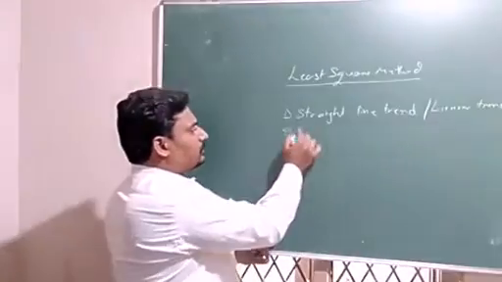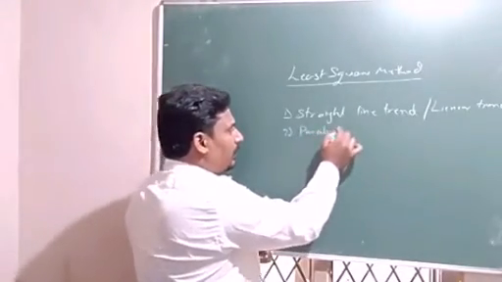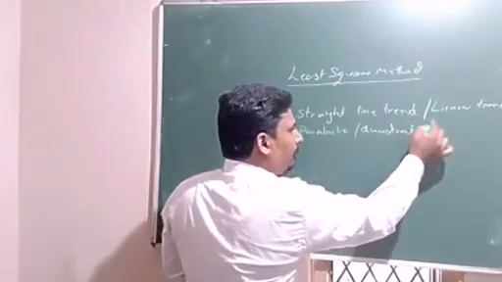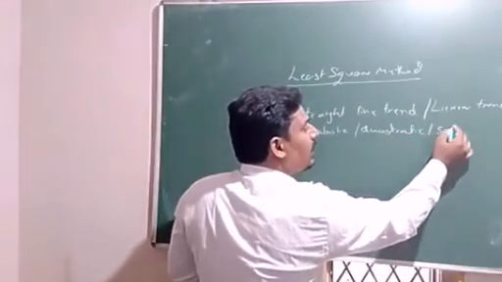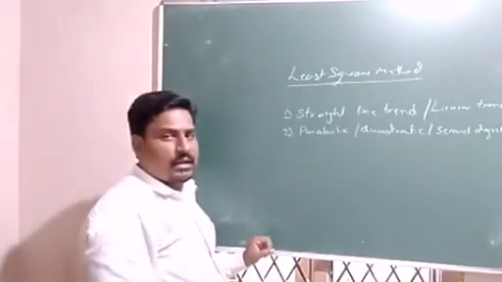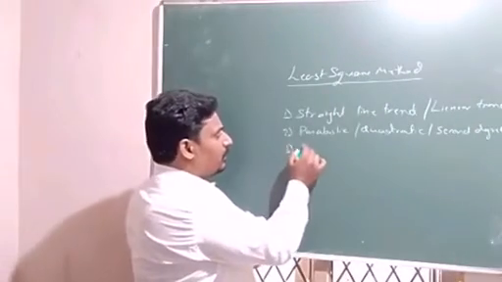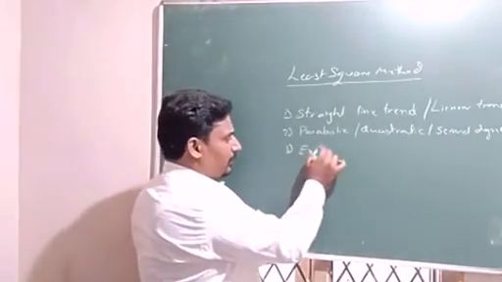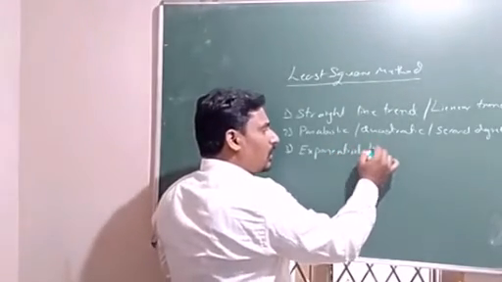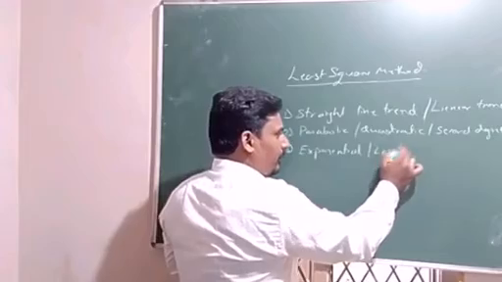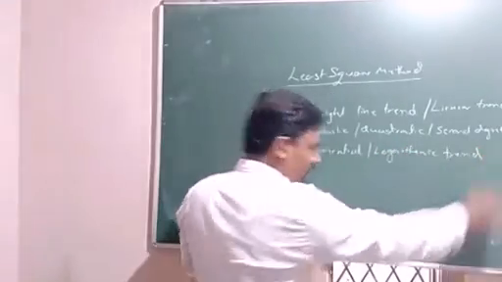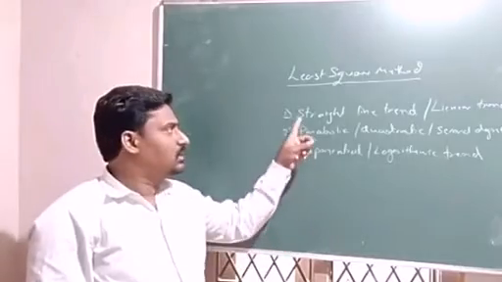Second one, parabolic or quadratic or second degree trend. And the third one, exponential or logarithmic trend.